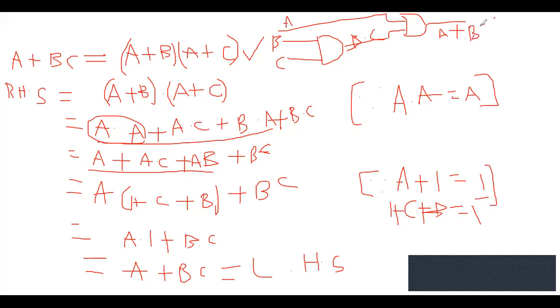A plus BC. Next, the RHS, A plus B into A plus C. How to do this? A plus B means OR gate.